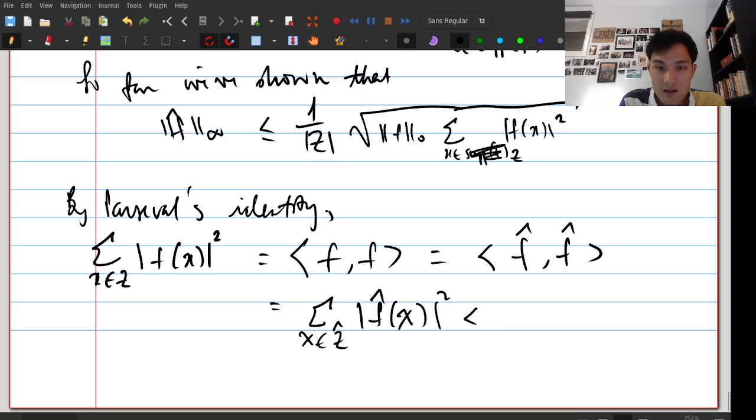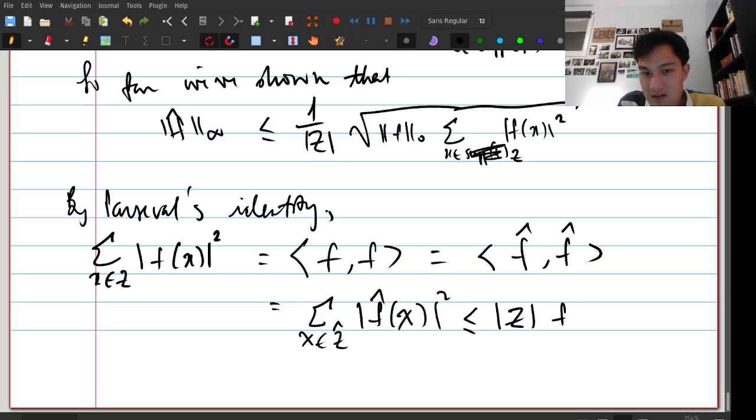Let's think about this. We can bound it by |Z| times, since Z hat has the same size as Z, a universal upper bound on |f hat of chi| squared.